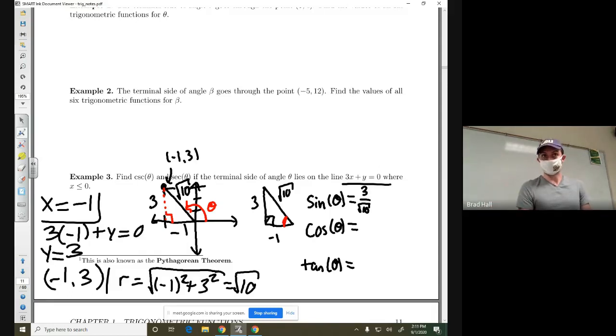Cosine is adjacent over hypotenuse. So what's adjacent to that arc? It's -1. And then finally, tangent is opposite over adjacent, which that's just really equal to -3. That one's pretty easy.